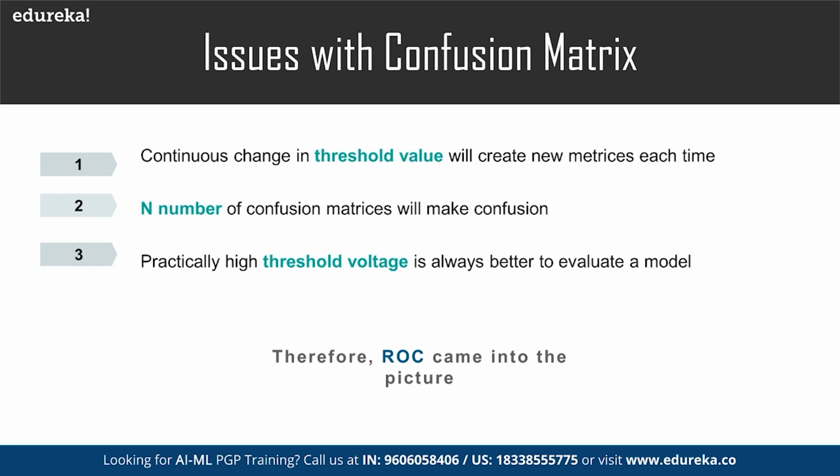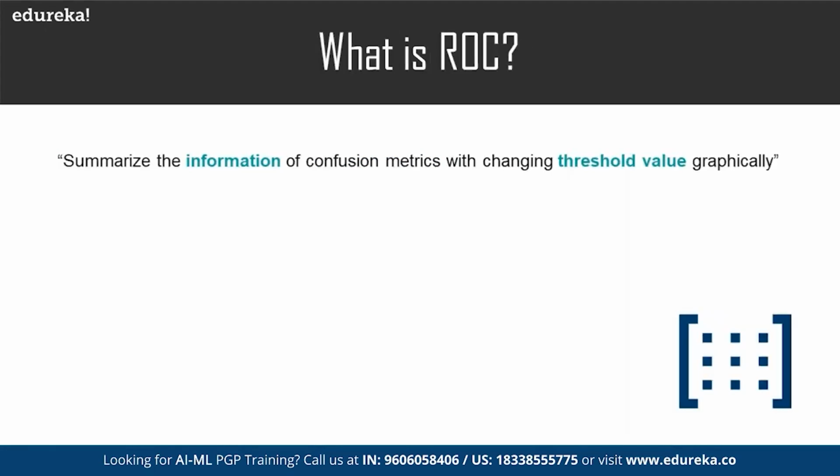That is why ROC, another metric, comes into the picture. Let us see what ROC is. It summarizes the information of confusion matrices with changing threshold values.